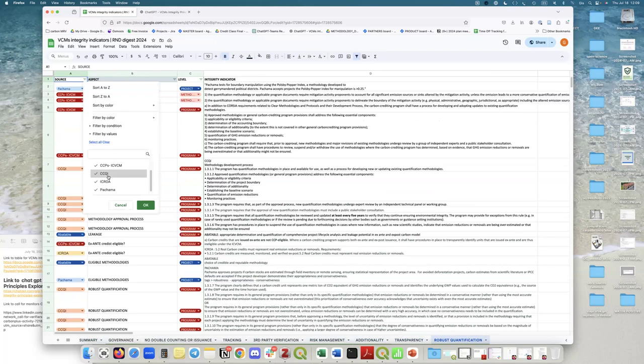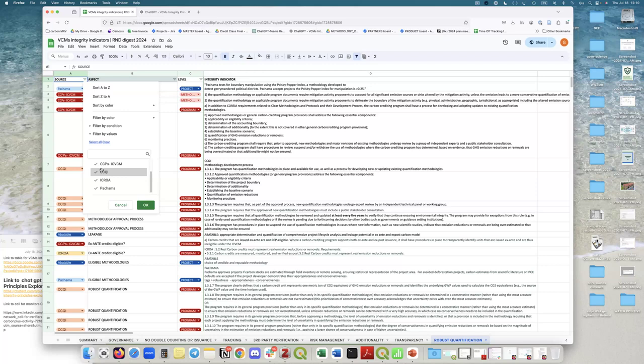So we have, for instance, the ICROA principles. There are a couple of principles from Pachama and Abaitable, which are smaller platforms that are more focused on the project level of principles, because they have developed their own internal quality principles for acceptance or rejection.